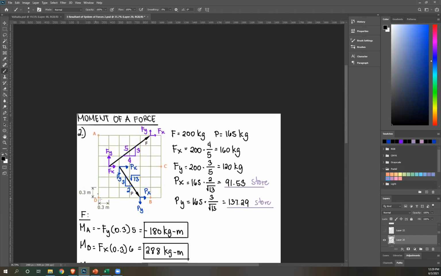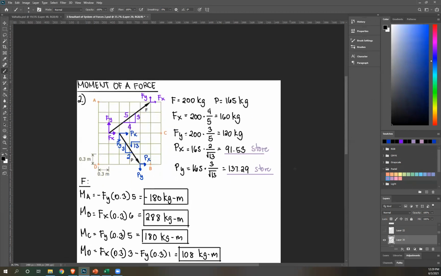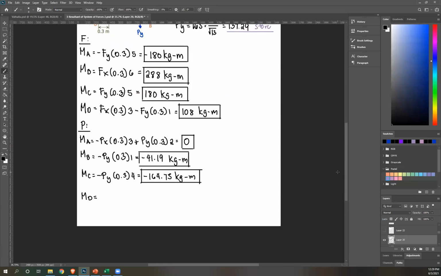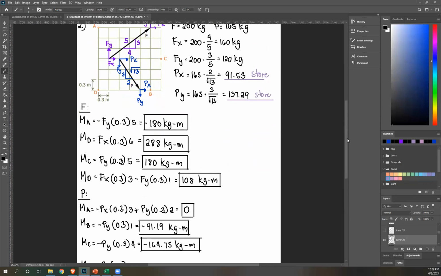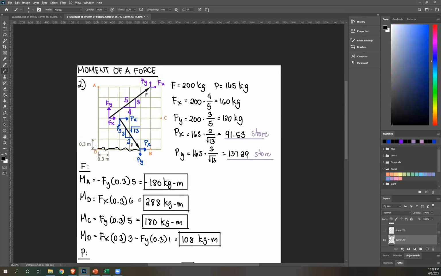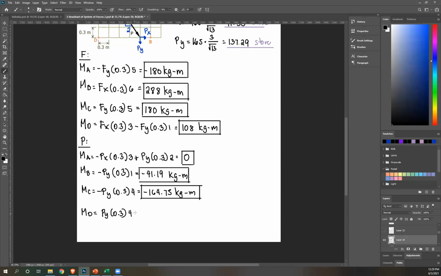Where's D? Here. So I'm just gonna use the components here because Px passes through D. So I'm gonna ignore Px, we're left with Py, rotate that about D, that's clockwise, therefore positive Py times 0.3, count the distance. This Py, this is the perpendicular distance, 1, 2, 3, 4, times 4. Please solve, what's the answer?